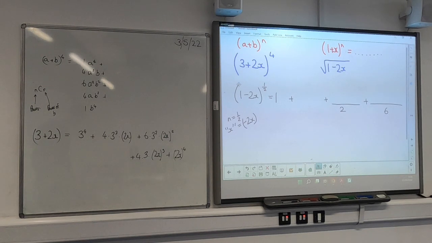I always think the formula book's not particularly helpful for the second one as well, so I just remember the first term is 1, second term doesn't have a denominator, third term is 2 and fourth term is 6.